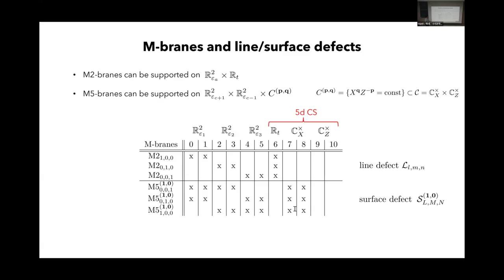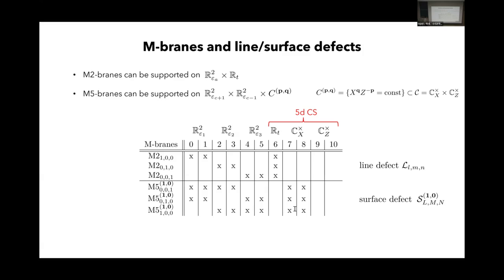But most of the time, I will just restrict to the case where P comma Q is 1 comma 0. If it's 1 comma 0, as you can see, it's z equals constant. So it's supported on the x plane.